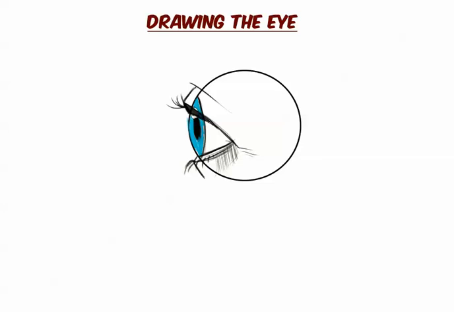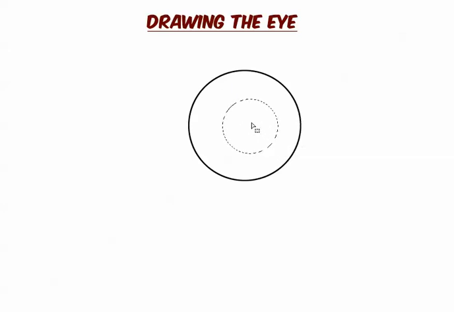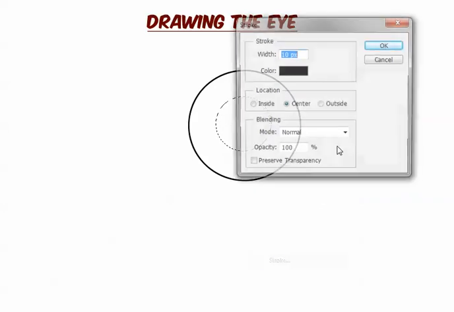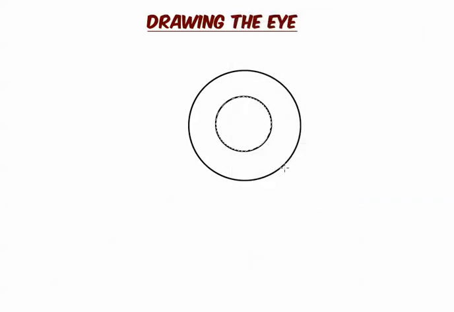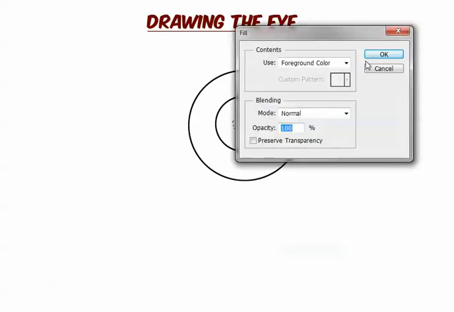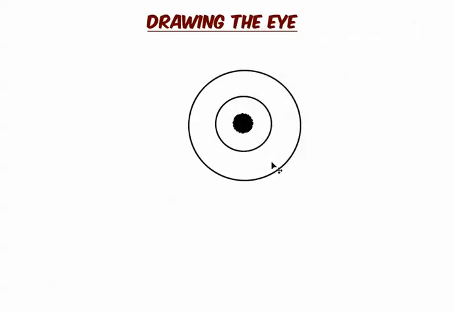Now for the front view, it's similar. Let me draw another. We'll have that as the iris, and we'll have this as the pupil. Okay, there we go. And we'll put a highlight right there.